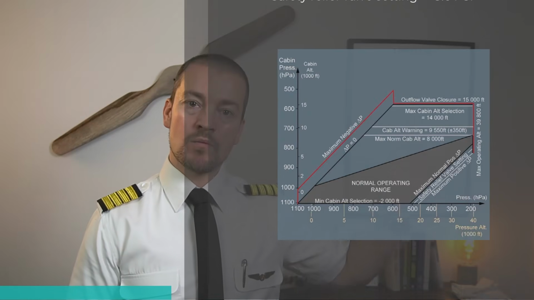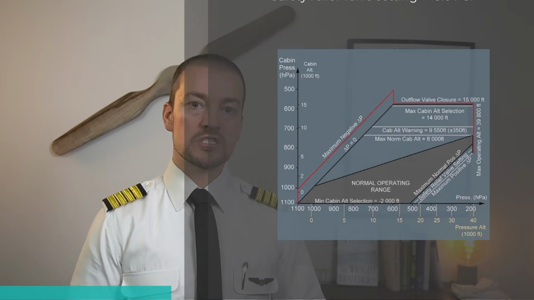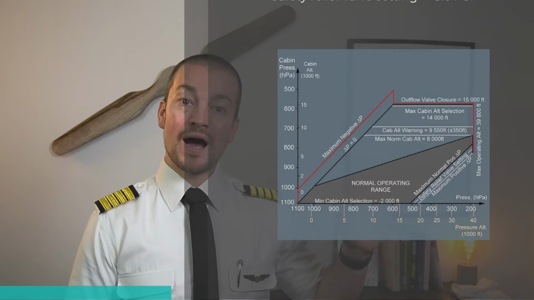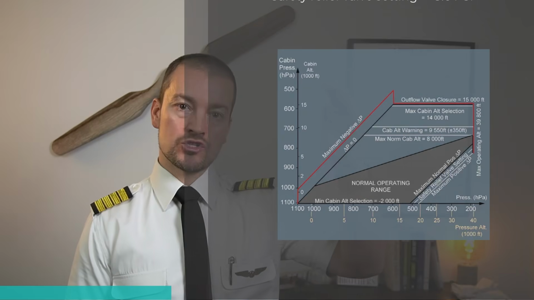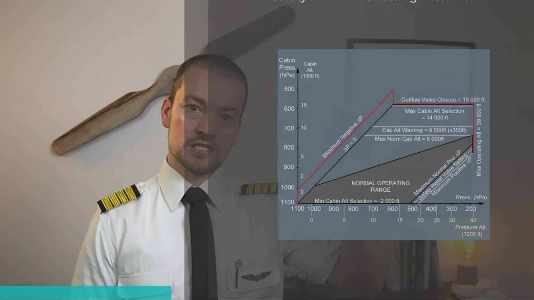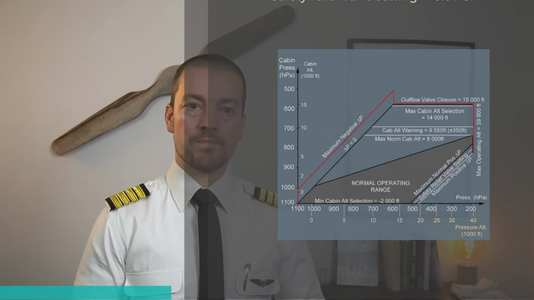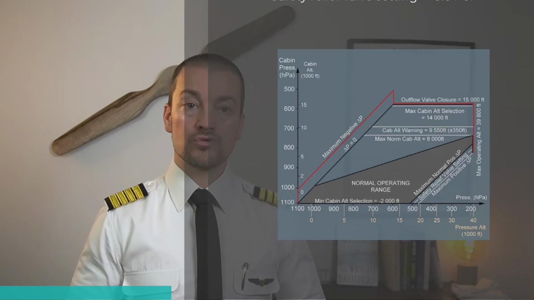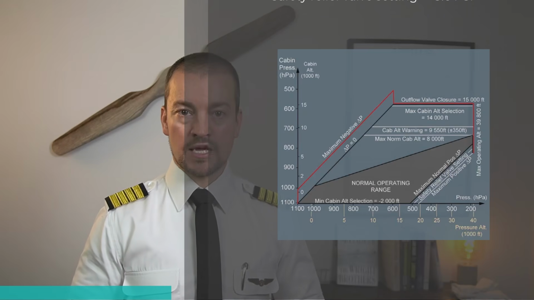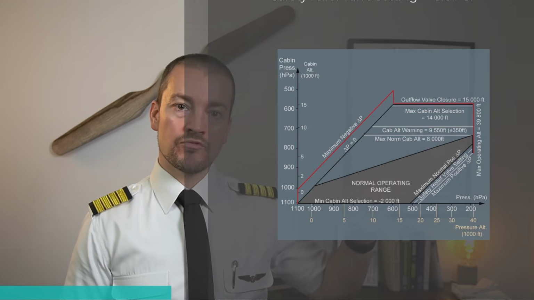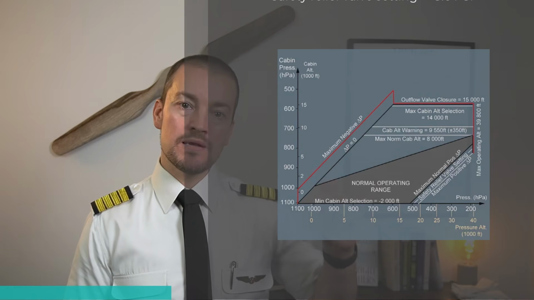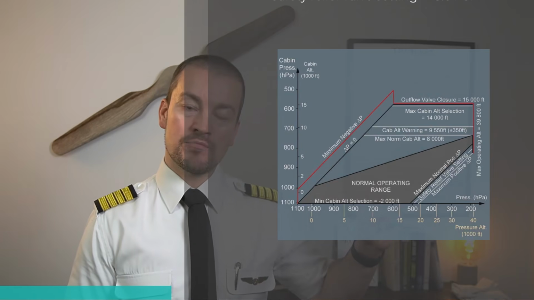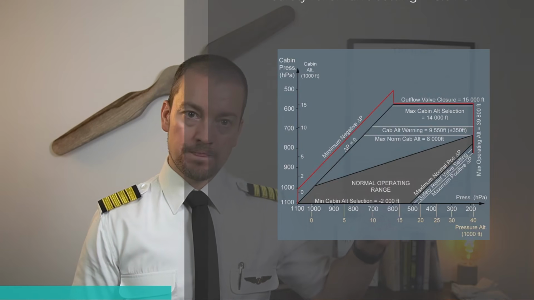Bringing the diagram up a little bit closer, we can also see that this diagram, while having the normal operating range here, with the differential limitations, positive and negative, given, it also gives us crucial altitudes to operating the pressure in the cabin. Normal operating range has a limitation which is minimum cabin altitude selection of minus 2,000 feet.